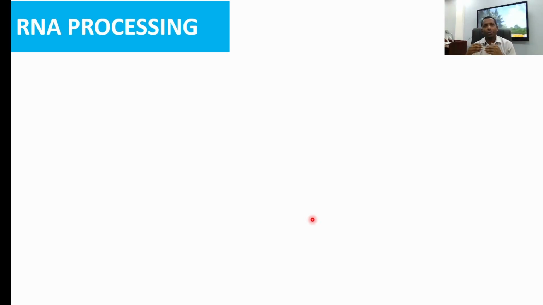Before we use this pre-mRNA molecule in the next stage, which is translation, this pre-mRNA molecule should undergo certain modifications. Because if you remember the structure of a gene, there are exons and introns. We don't need the introns. We only need the information in the exons, right?